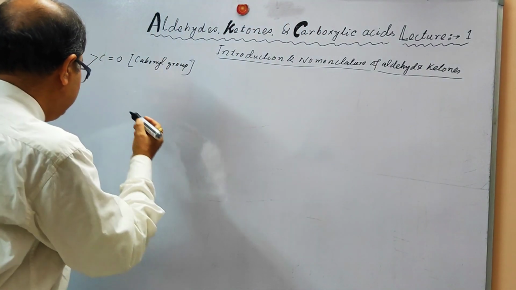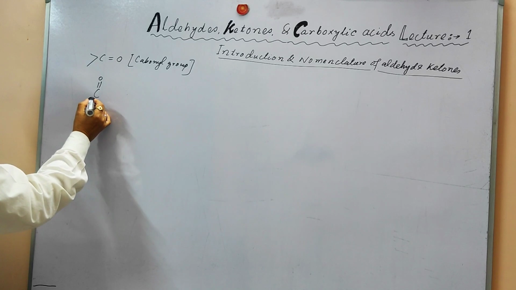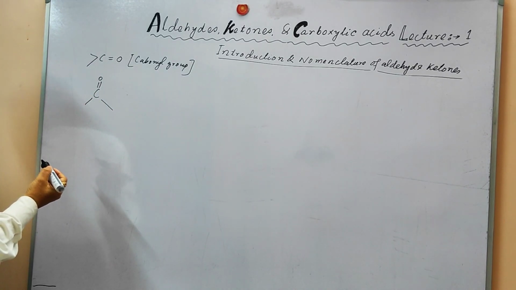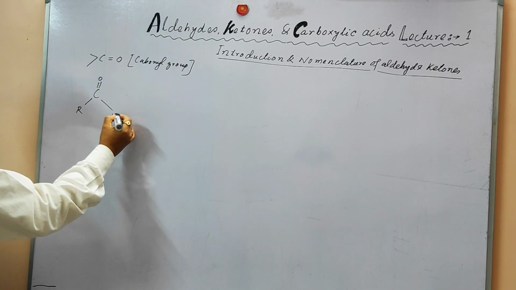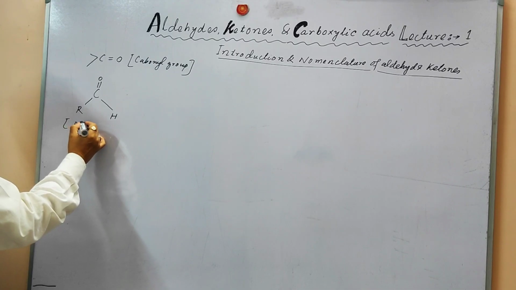For example, when the carbon atom of the carbonyl group is joined to another carbon atom or a hydrogen atom, at that time we will call it an aldehyde.